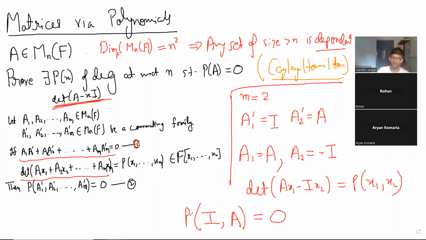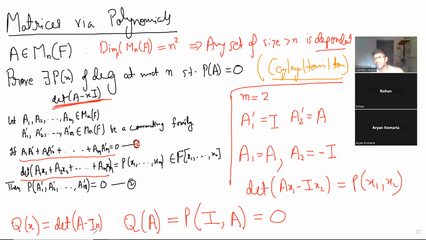P of I comma a, and then if you take this as q of a, you will see that q of x will actually be equal to this, where x1 is put equal to 1. That's what I was saying, and it's pretty clear, right?